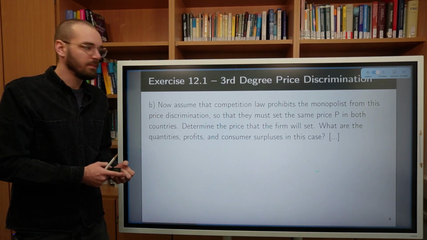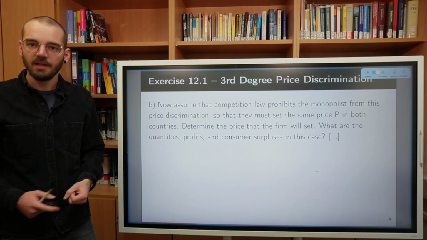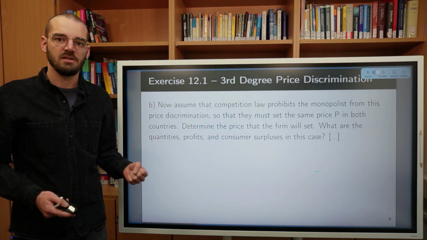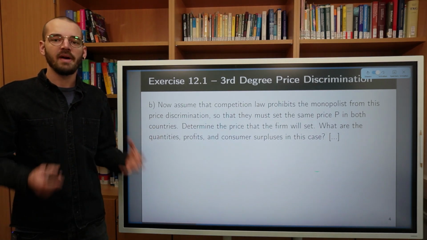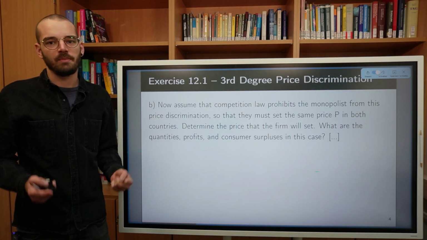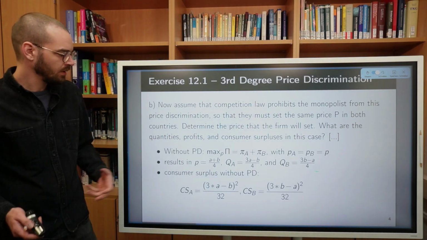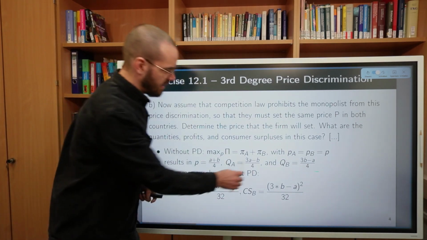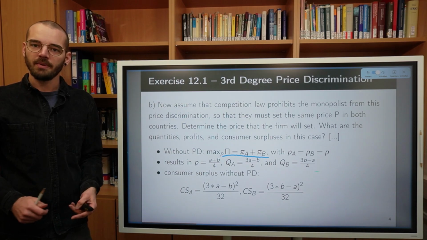The monopolist now by law and by assumption in this model has to set the same price in both countries. So what the monopolist is doing is considering the combined demand in both markets and maximizing their profits based on this combined demand function. So once again we are considering the total profits of the monopolist.